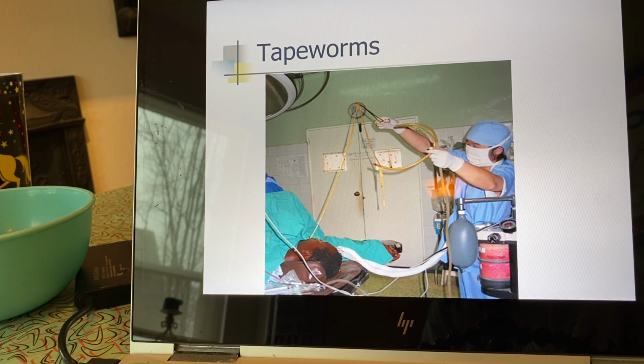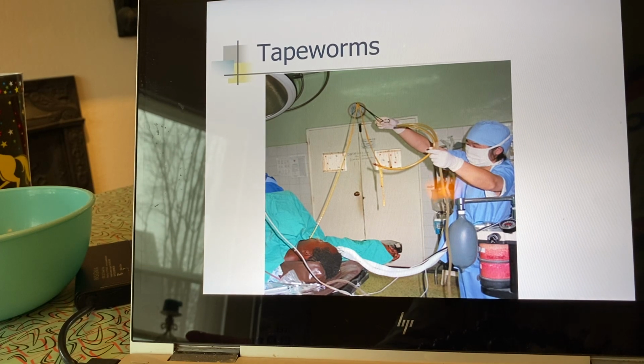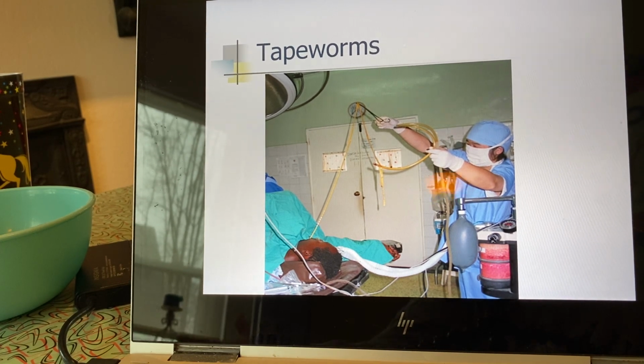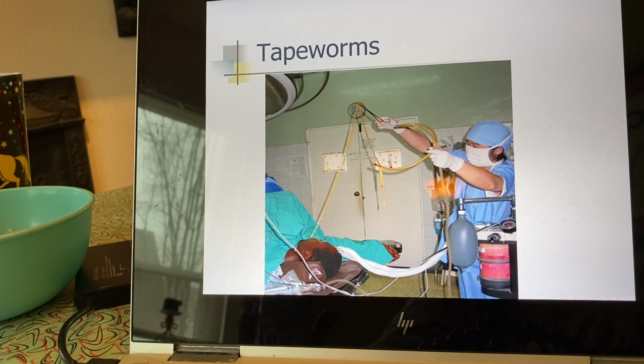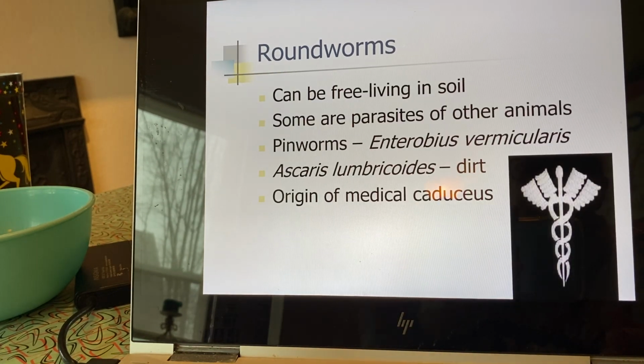And they deworm them, yay, you're worm free. But guess what? Then they go right back to their communities where they don't have clean water, and the cycle repeats itself again and again and again. The point to where we can stop these infections is really to get everyone on the face of the earth clean water. And unfortunately, that's not a reality right now.